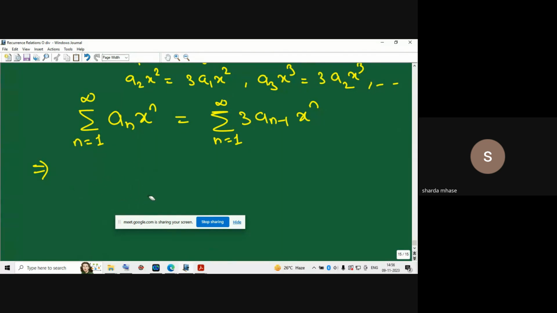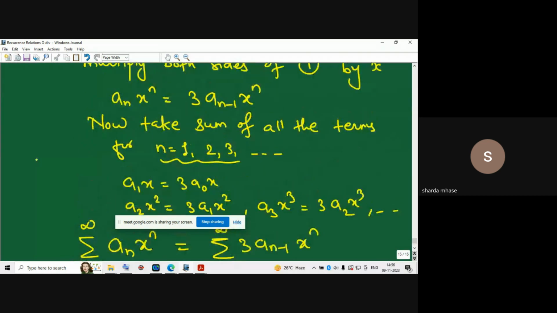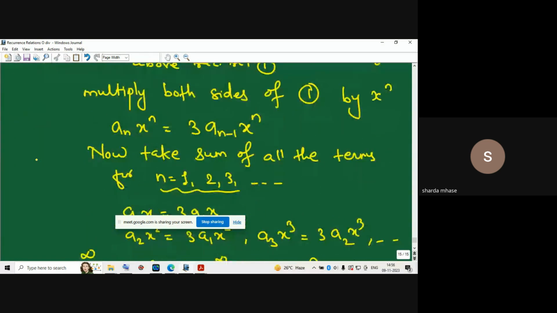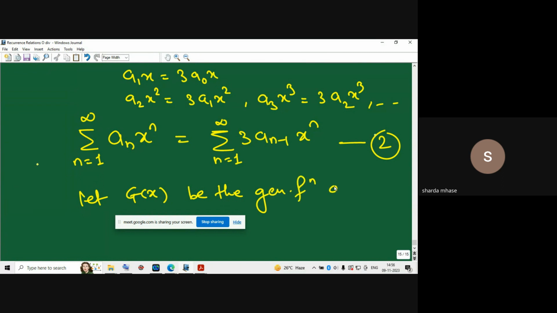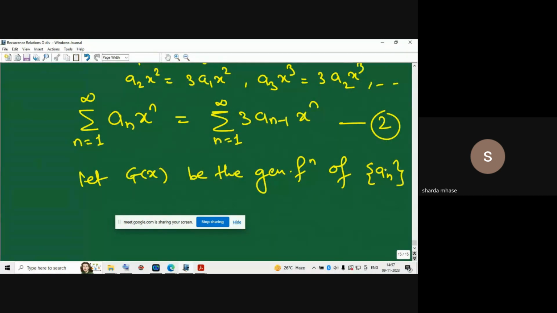Or just a minute. Let g(x) be the generating function of a_n. Let's call it equation 2. Let g(x) be the generating function of the sequence a_n.